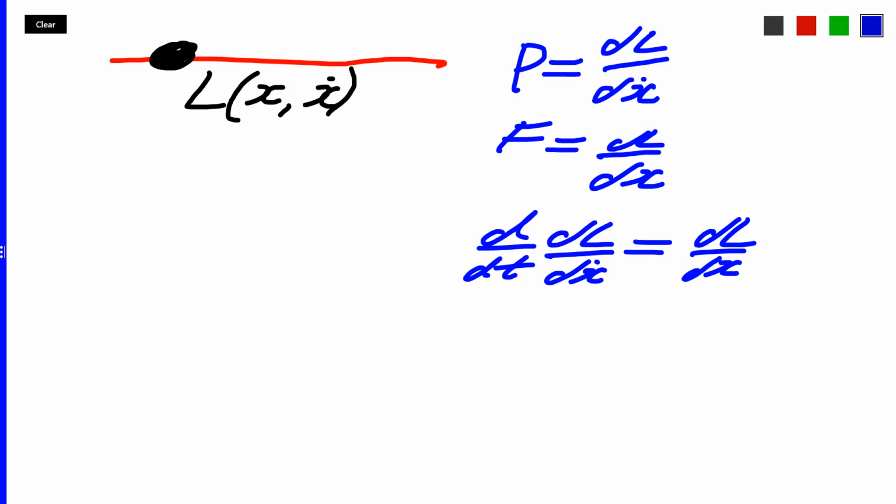So this is essentially d over dt of the momentum. If we differentiate p with respect to time, which here I'm denoting as a dot, we get p dot out of this part, which is equal to, as I said, dL over dx, which is equal to the force.